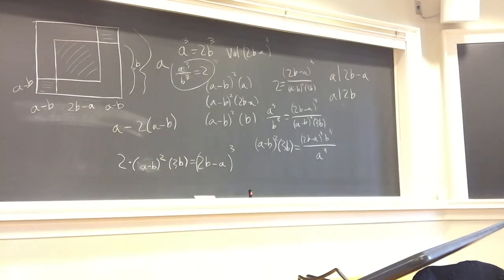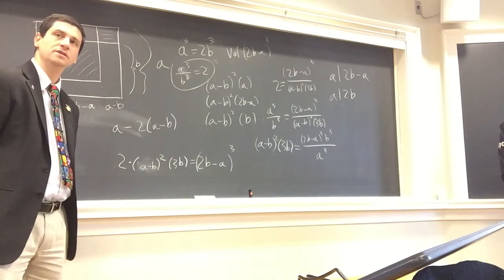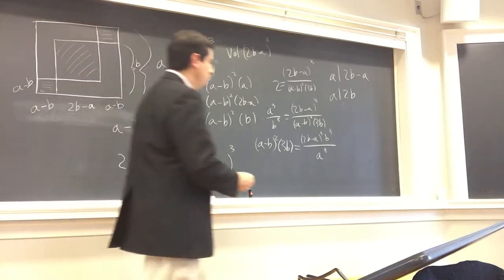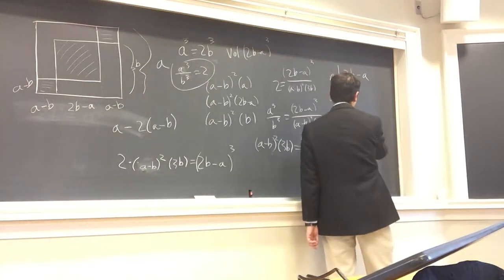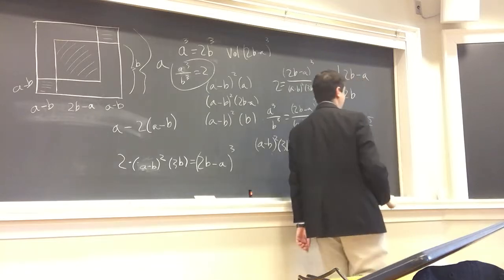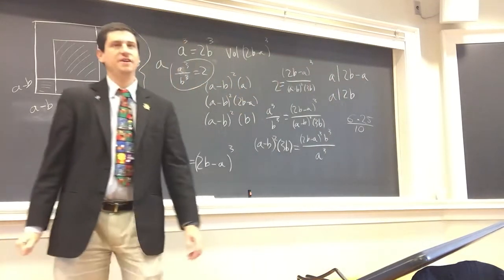How do you know that a divides 2b minus a? So if I give you 6 times 25 over 10, does 10 divide the numerator?